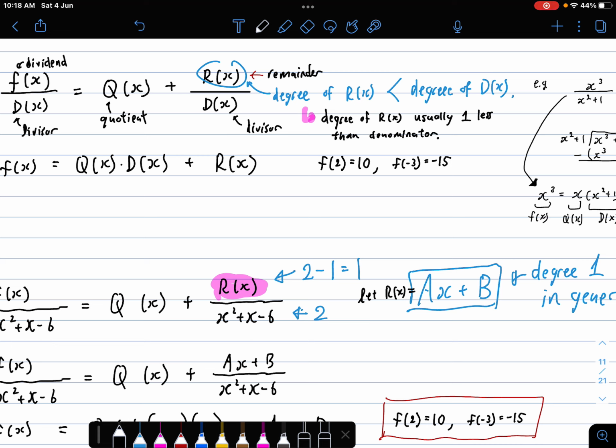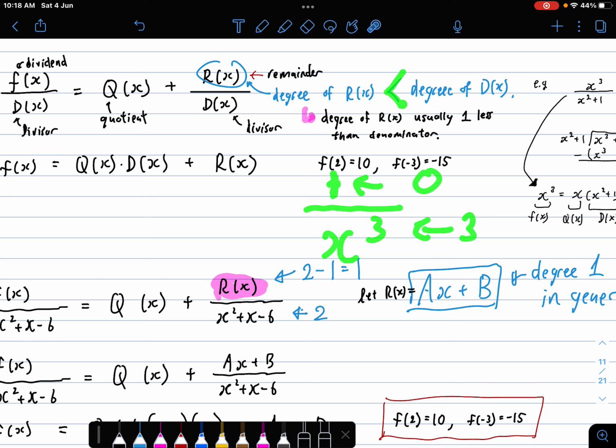Or it's possible to be even less than 1 less. For example, the divisor could be x cubed and the remainder could just be 1, which is 2 degrees less: this is degree 0, this is degree 3. In general, this is the rule: the degree of the remainder is always strictly smaller than the degree of the divisor.